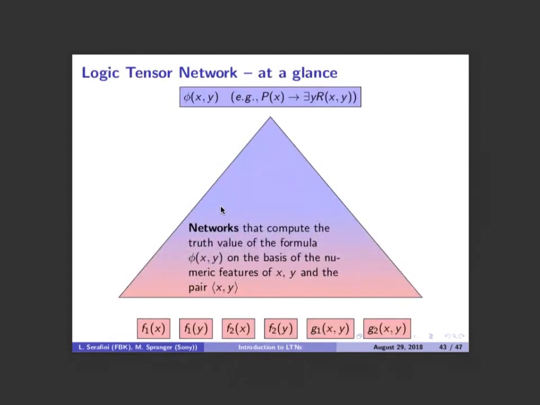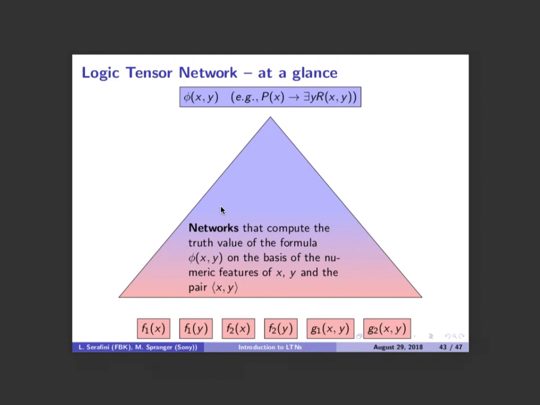So the way to think about this again is that we are basically defining values for these compositions of the functions and the actual constants and relations like G1 and G2 here. We're going to have a network that computes the truth value of the formulas based on such numeric values.